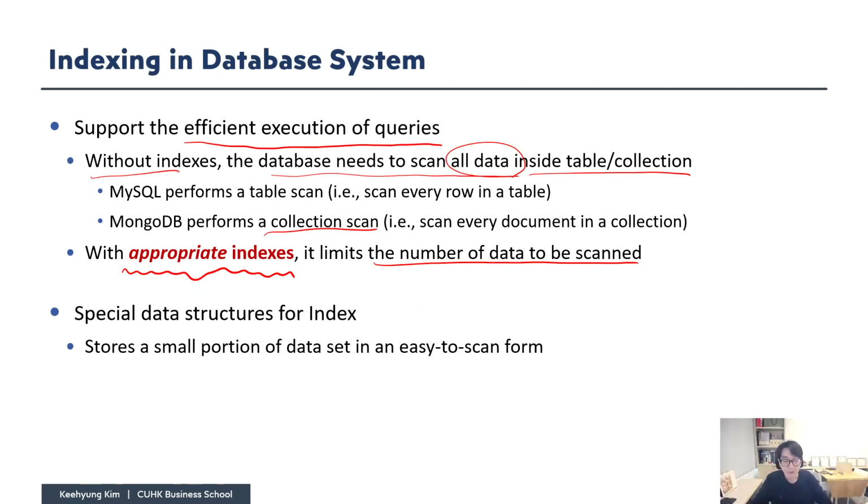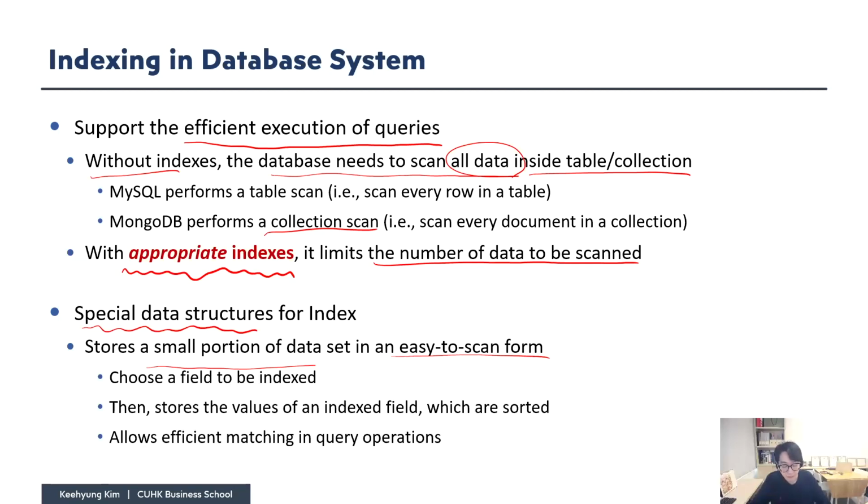And in the database system, an index uses a special data structure. It will store a small proportion of the data set in an easy to scan form. So basically, you have to choose a certain field to be indexed based on what you want to sort, and make an index. You have to determine that.